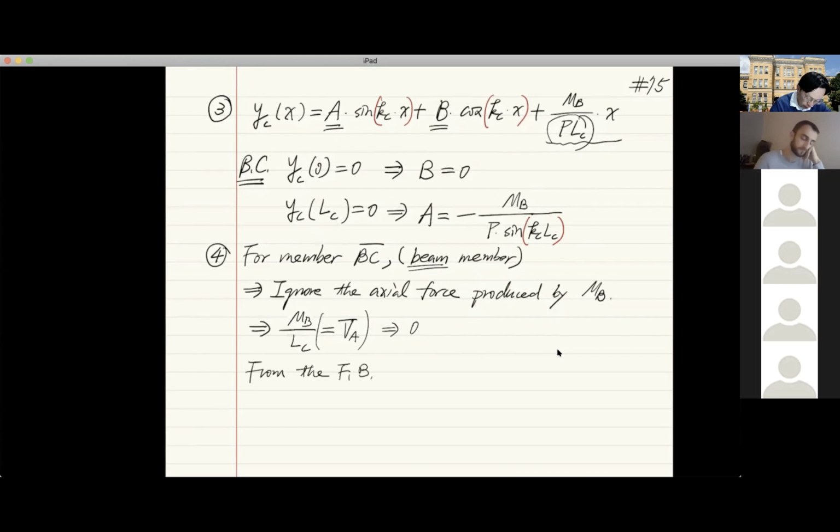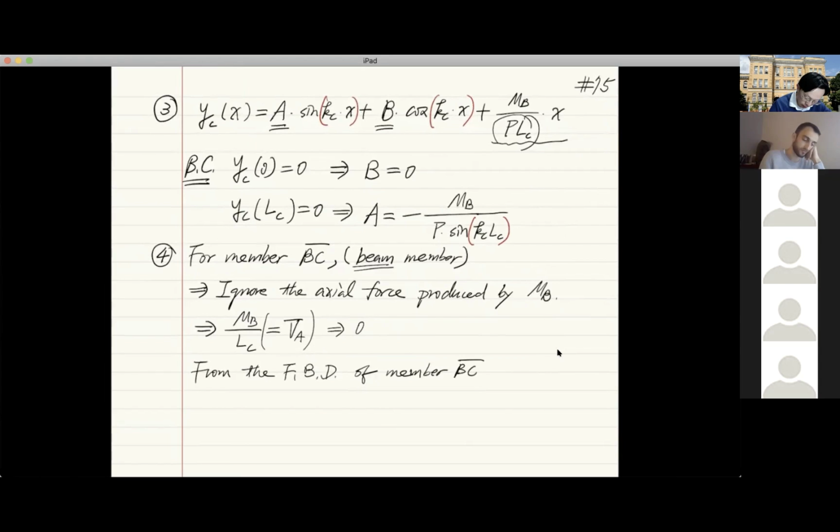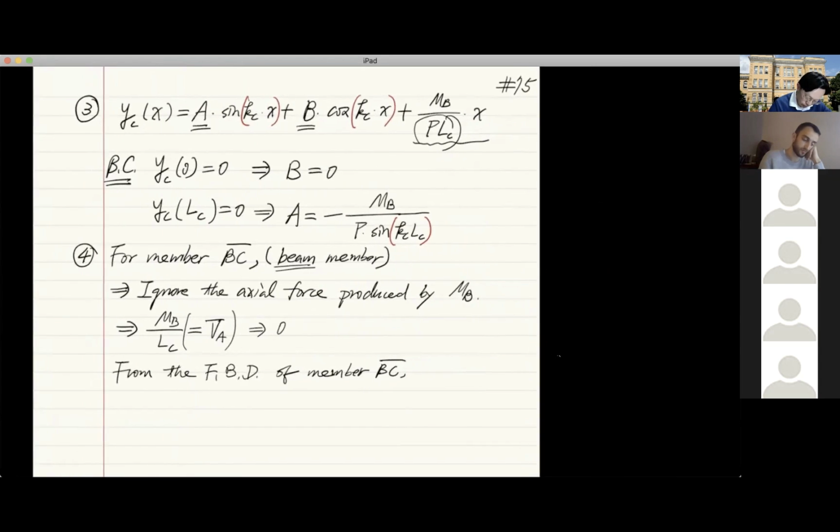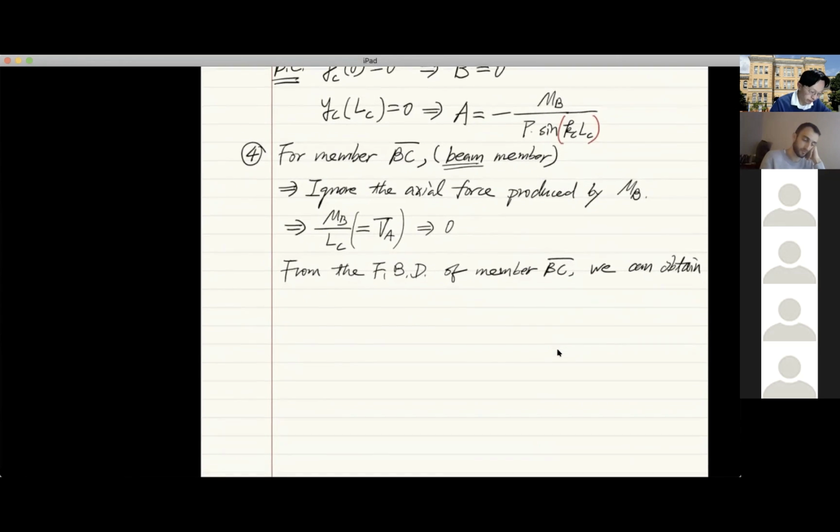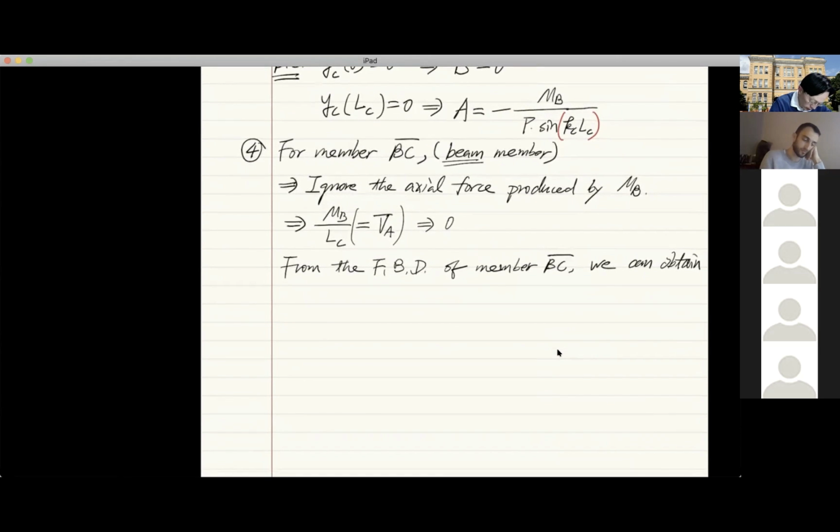From the free body diagram of member BC, we can obtain this expression, which is EI.